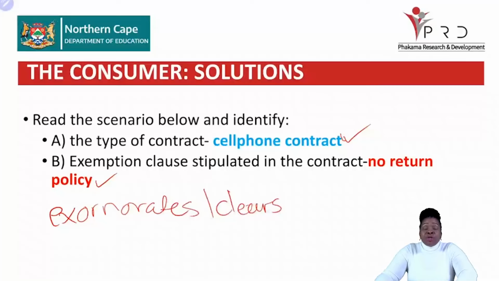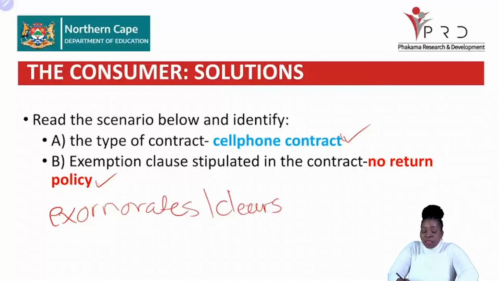So as consumers, we should learn to read and understand the contracts. In this case, Mr. Benson did not even read the contract that he signed, which had an exemption clause which says no return policy. So the cell phone had a fault and he could not return it so that the shop can repay it.